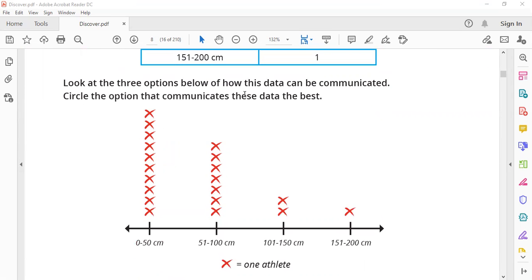So I think this graph helped us to know the information better. So I am going to circle this one because it helped me to understand better. This graph.